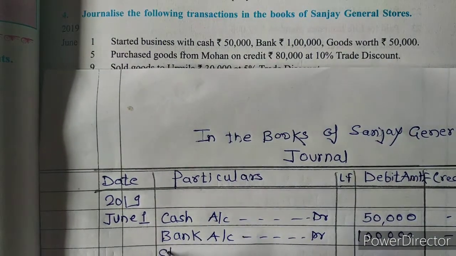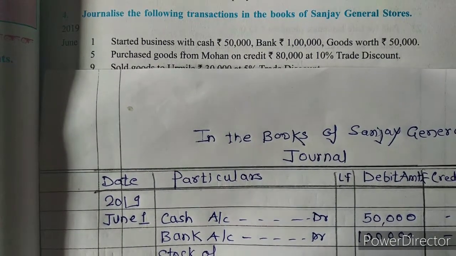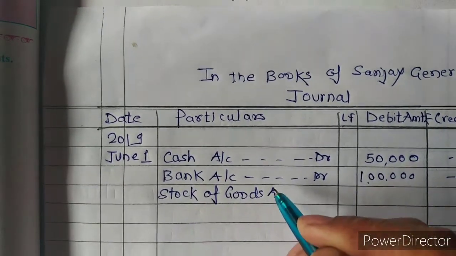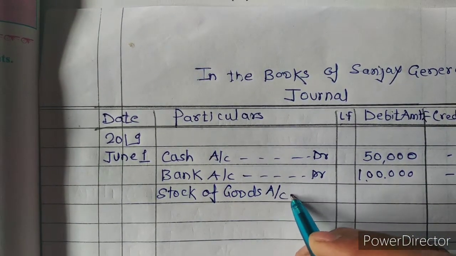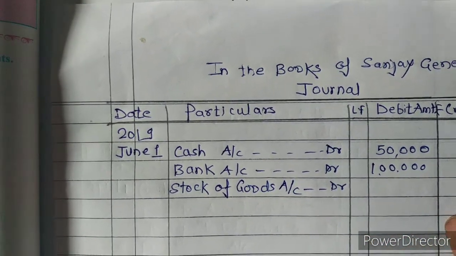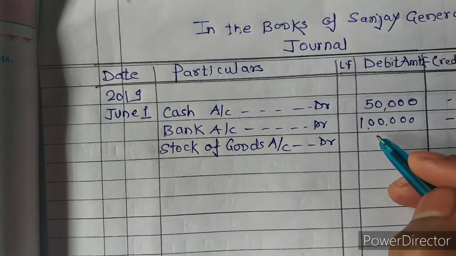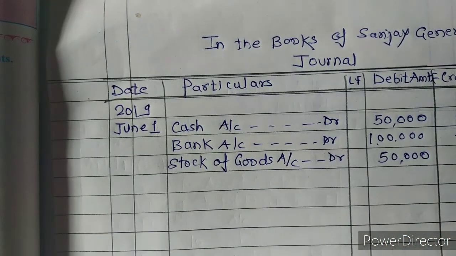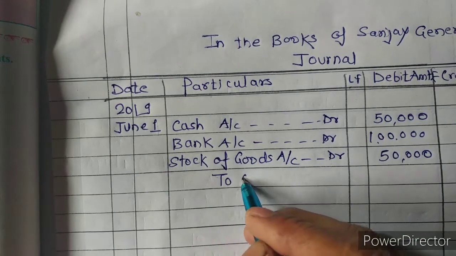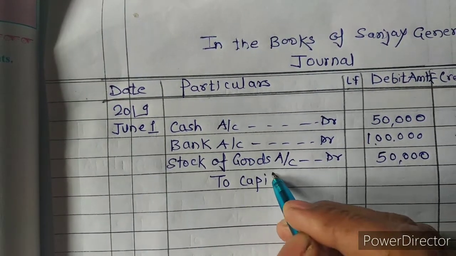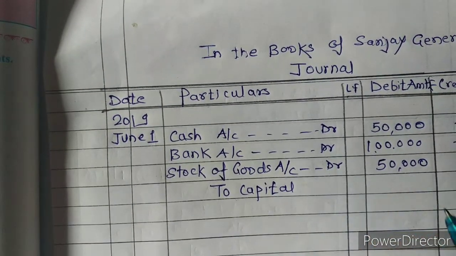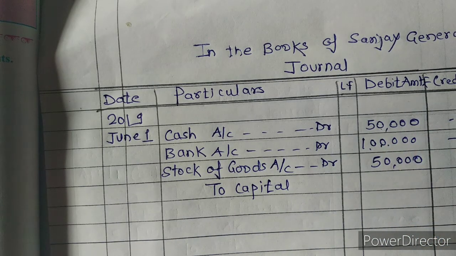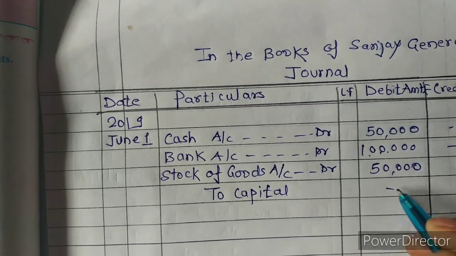We can say stock of goods account debit, amount is 50,000, and he has brought the capital, to capital account. Now 1,50,000 plus 50,000, it will be 2 lakhs.